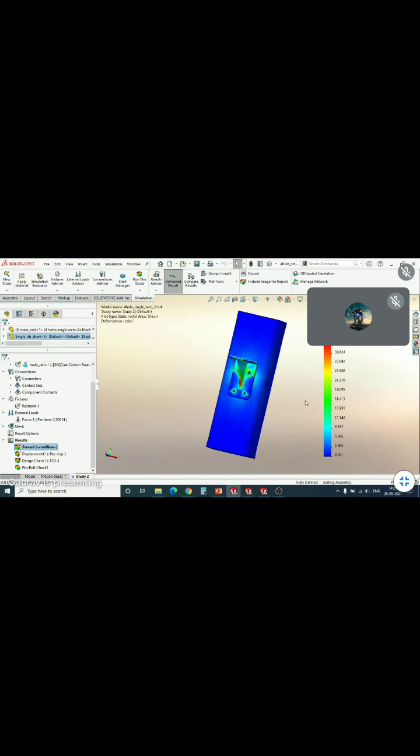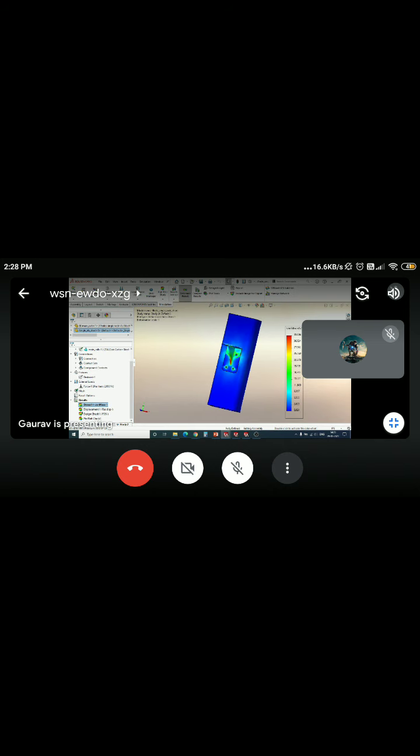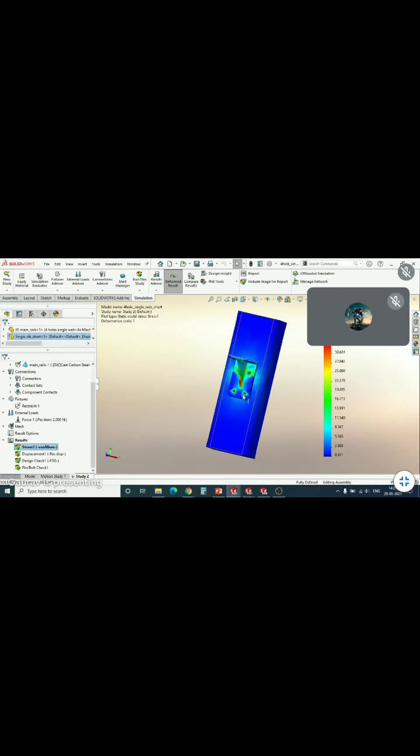It is always not necessary to over design your product. Like in the previous case, there were 2 ribs, right? And I was getting stress more than this, correct? And in this design, with the single rib itself, I am getting good results, correct?